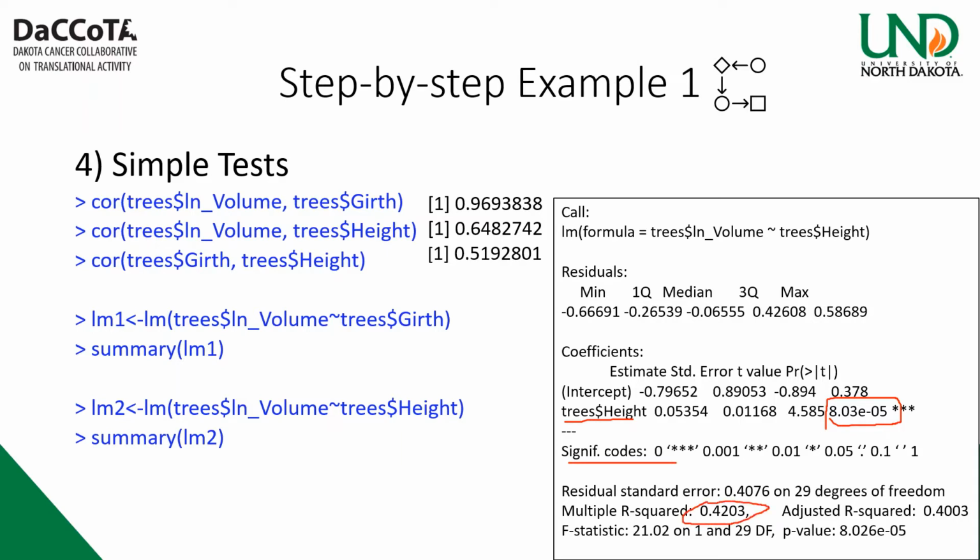It explains a lot less of volume, but it's still significant. So kind of my conclusion, all this step-by-step example would be that we're going to run some sort of regression, probably just a very simple linear regression with girth, because that seems to explain pretty much all of it. All right.